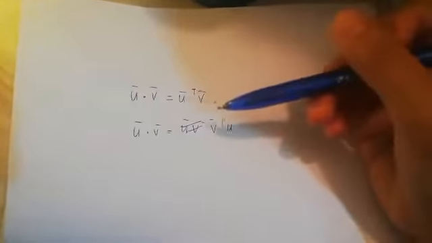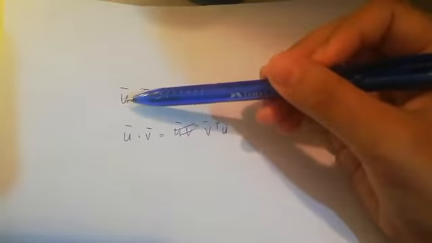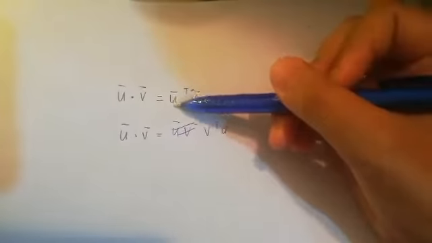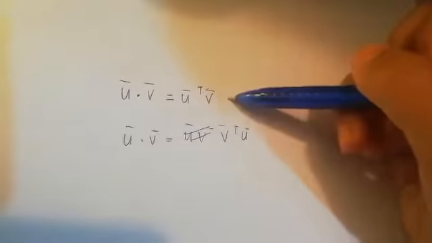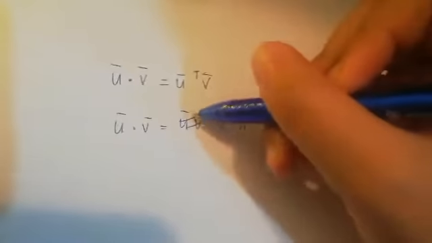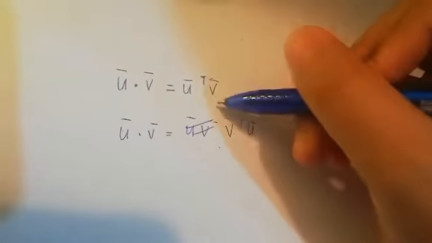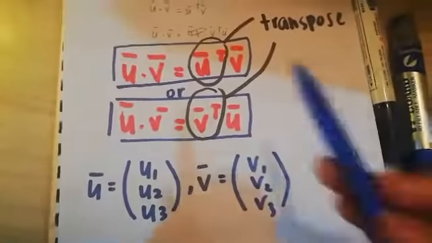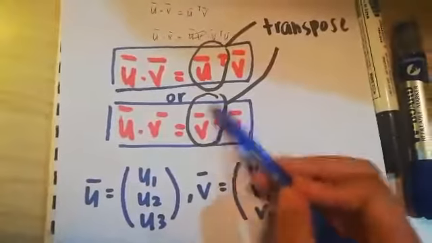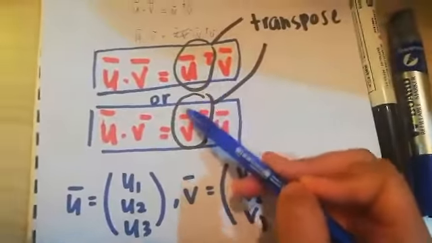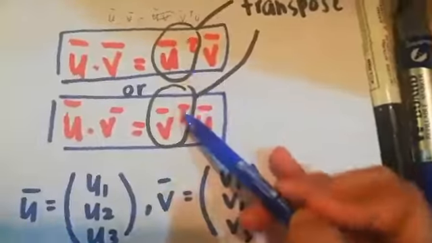So we come up with the formula: vector u dot vector v equals vector u transpose times vector v. Either one, whether you want to transpose vector u or vector v, but it must be in front. Which one you want to transpose, you can choose.